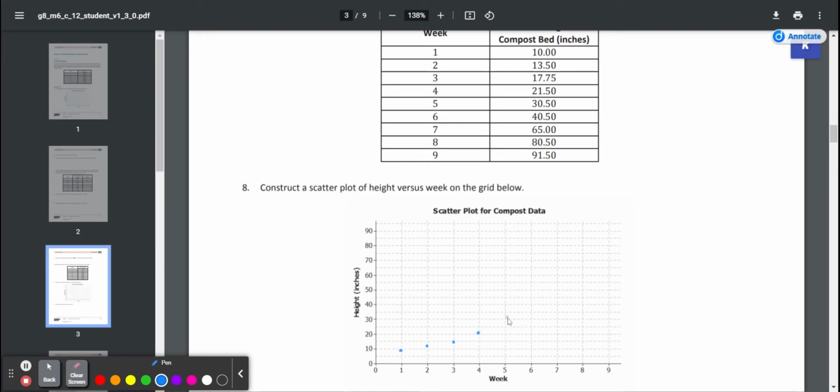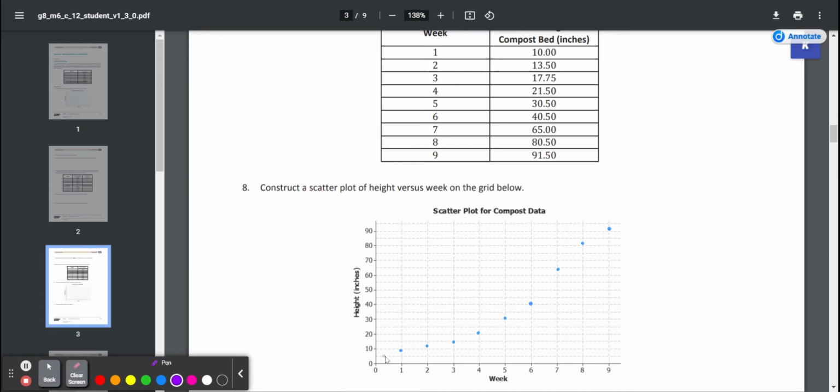Week 5 is at 30.5, week 6 is 40.5. So we're starting to see a little bit of a curve here. Okay, so we have this kind of curve motion going on right now.